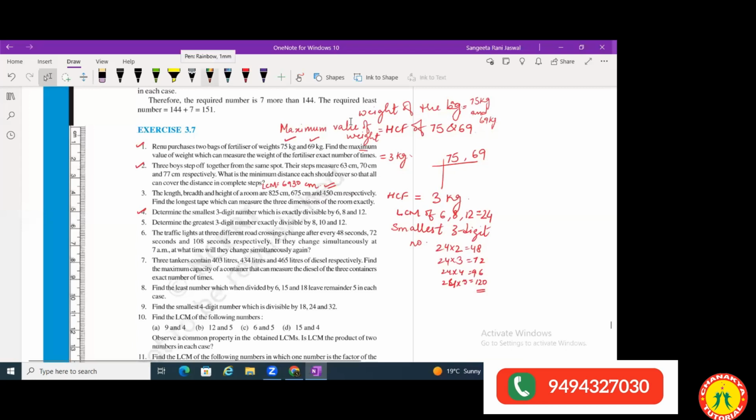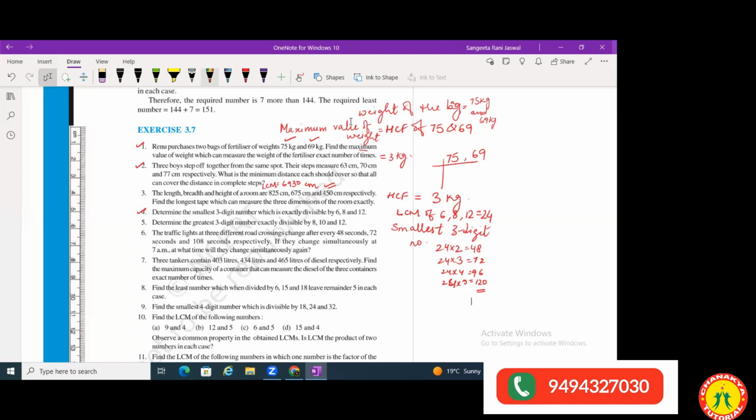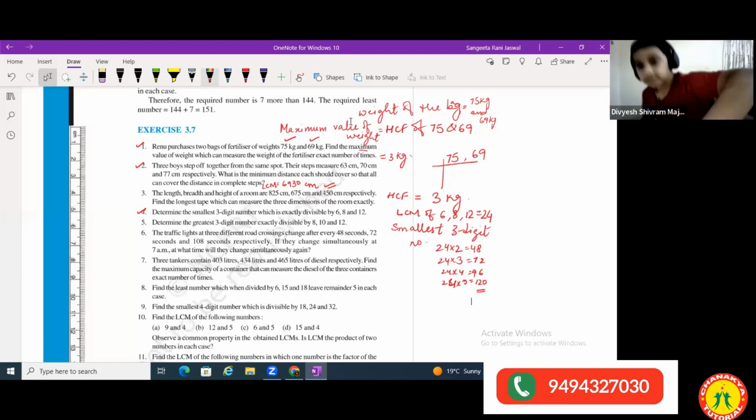Okay, then what did you get? So 100 is equal to 24 into 4 plus 4, so 120. I didn't get the last part of what you have done. Then what?